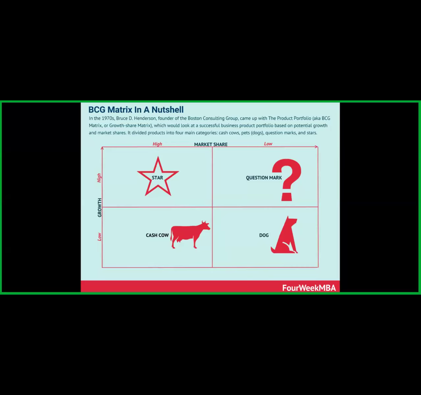It is not that a product of a company is growing very fast, its market share in that category is very good, and there is a lot of potential for that product to grow, so the market is tremendous.